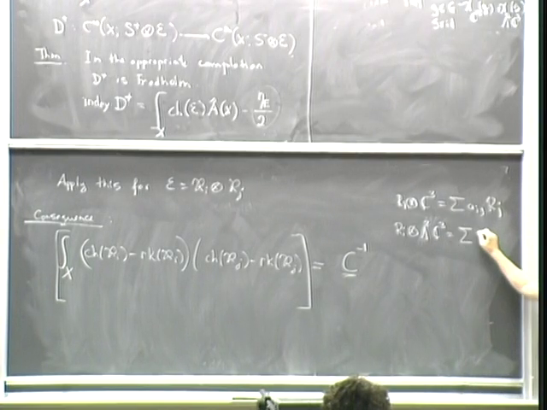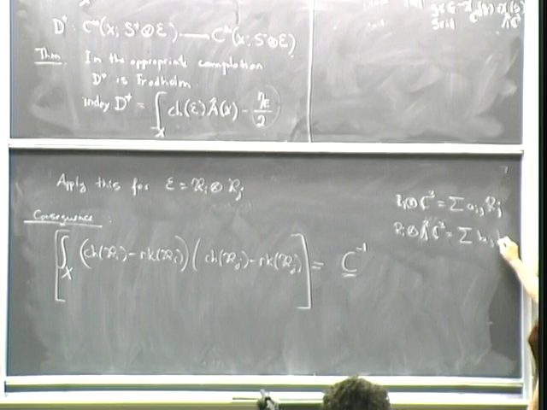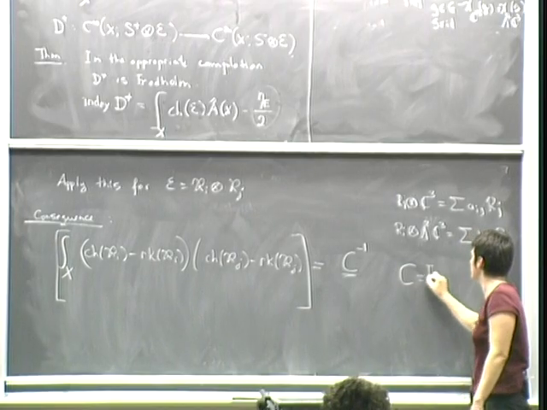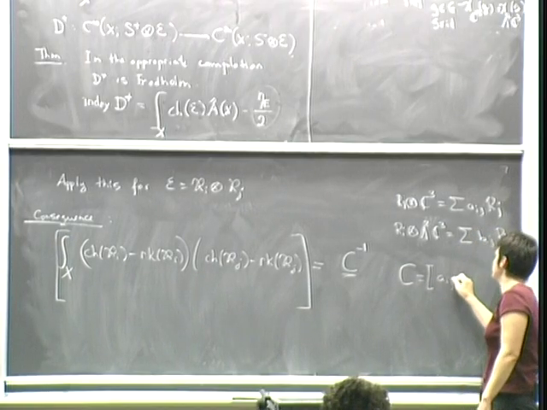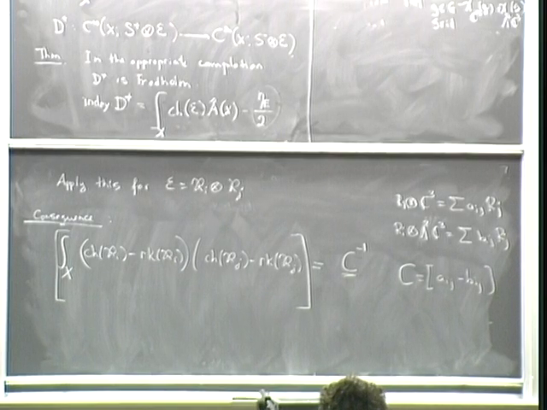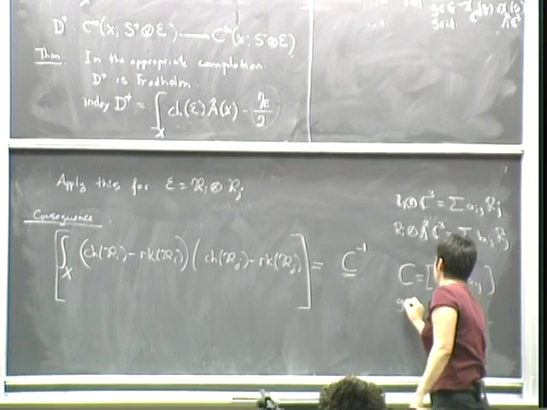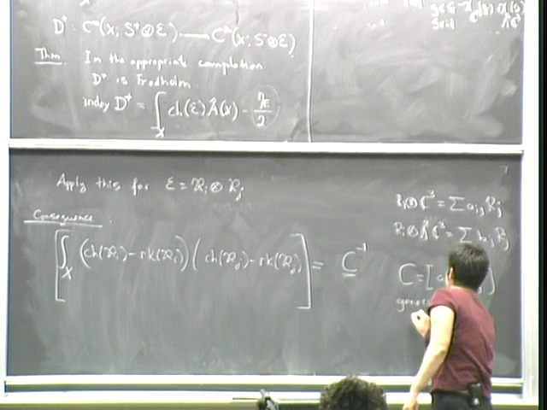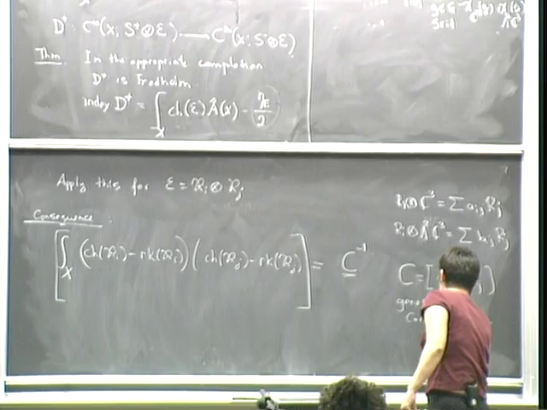And now this decomposition, I'll denote Bij Rj. And I'll get my generalized Cartan matrix as being the matrix with entries Aij minus Bij.